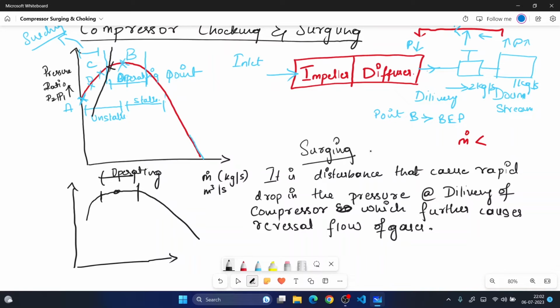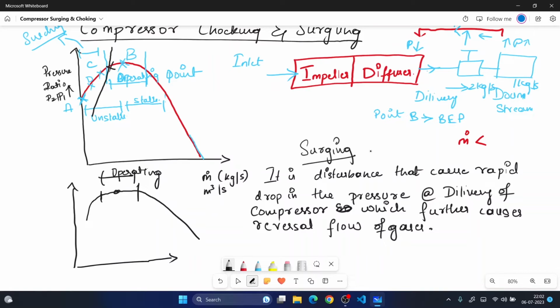So many manufacturers use this auto surge tool, which is predefined, so that it immediately shuts down. That is how this surging phenomenon is prevented, and it is very unstable also.